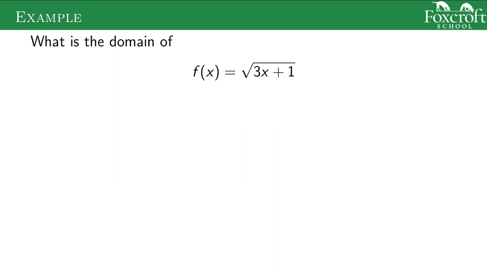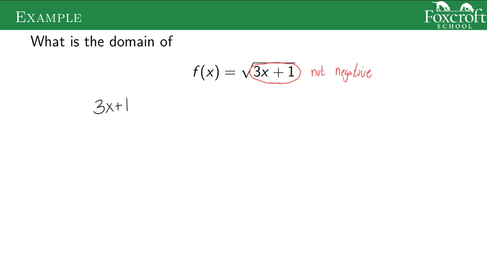What about this problem? All right, what is the domain of the square root of 3x plus 1? Similar to with rationals, where whatever the denominator was, we had to make sure it wasn't 0. For our square roots, we have to make sure whatever is in the square root is not negative. Because if it's negative, then we run into a problem with complex numbers and all that. So for this square root problem, we're going to take 3x plus 1.